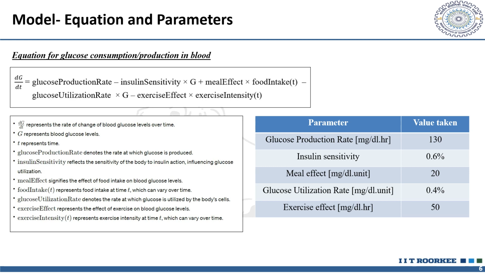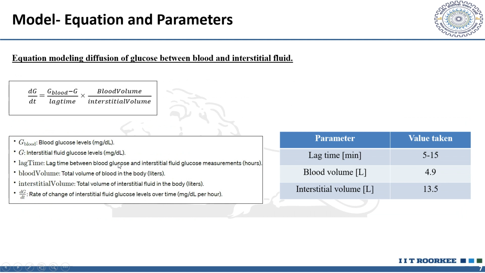Now coming on to the second equation which we have modeled. This equation tells us about the diffusion of the glucose from the blood to the interstitial fluid. So this equation is del G by del T is G of blood, which means blood glucose level, minus G, which is the interstitial glucose level, by lag time, into blood volume by interstitial volume.